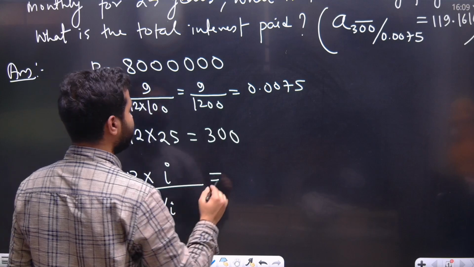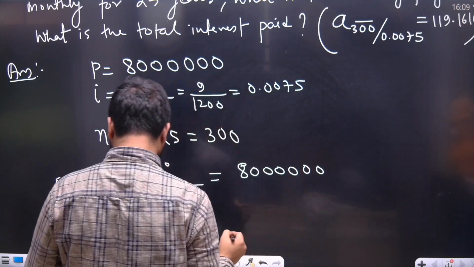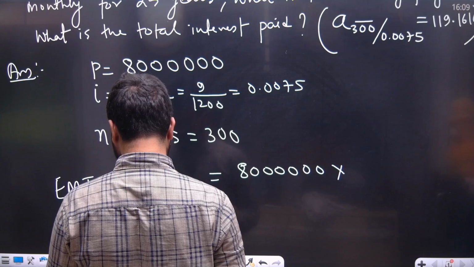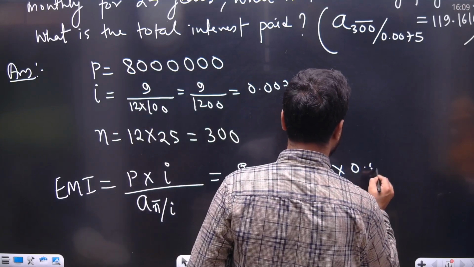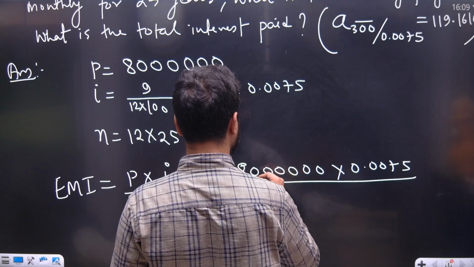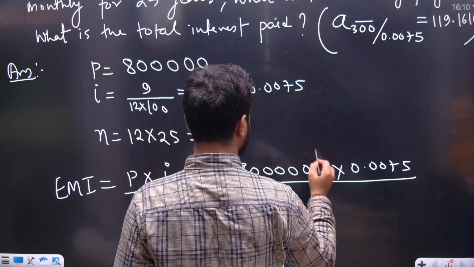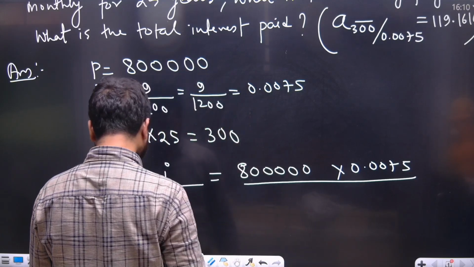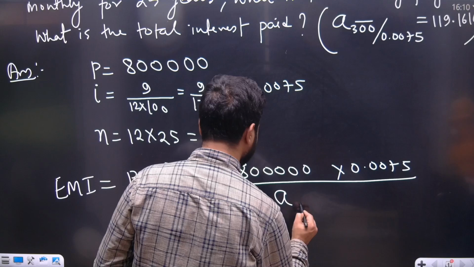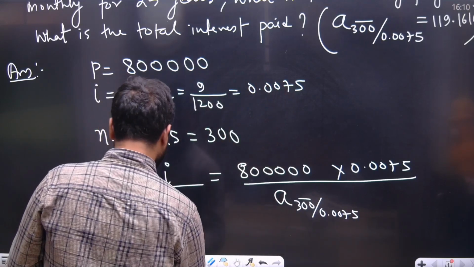P into I, P is your 8 lakh, multiplied by I, the value of I is 0.0075, divided by A n bar, that is 300 bar at I, the value of I is 0.0075.